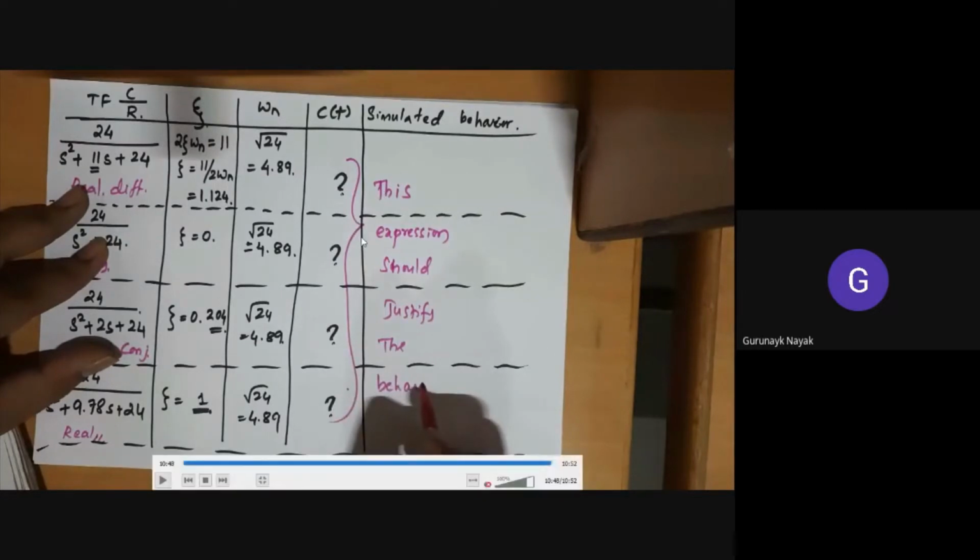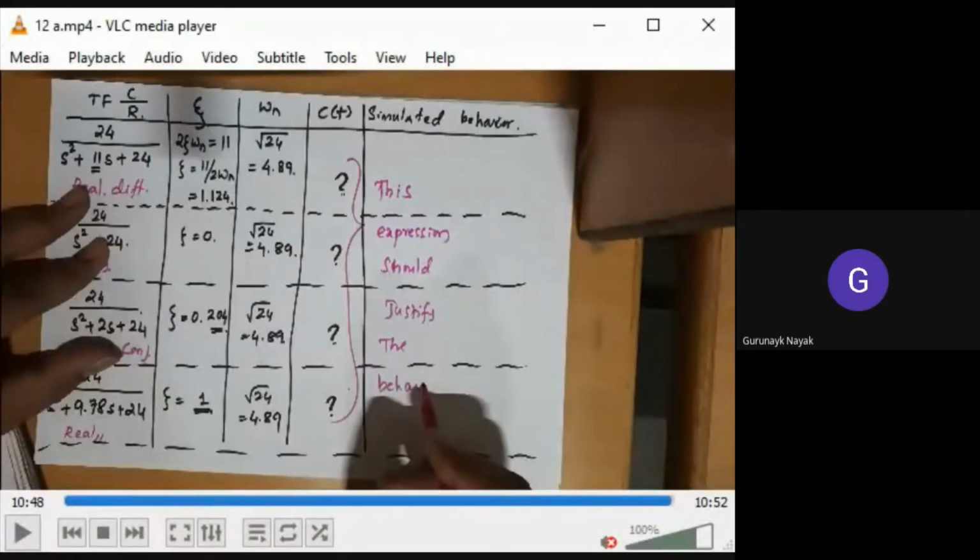But just for the sake of some visualization or guessing, I will use MATLAB software again and give you some hints. Just hold on for a minute. I'll open the MATLAB software and show you something interesting.